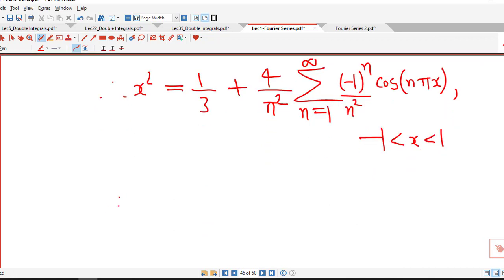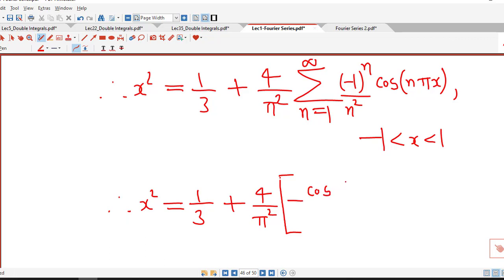And if we wish, we can write a few terms of this series. So x square is 1 by 3 plus 4 by pi square. For n equal to 1, we have minus cos pi x divided by 1 square. For n equal to 2, we have positive, minus 1 square is 1, so cos 2 pi x divided by 2 square.